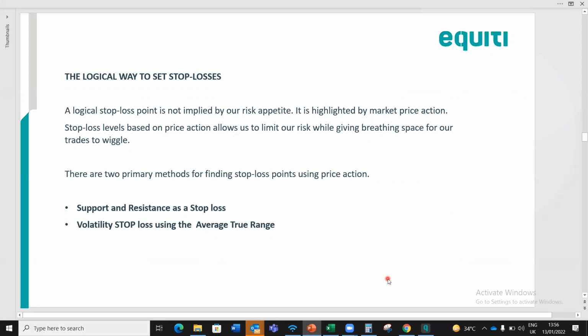Now, there are two primary methods for finding stop loss points using price action, and these we will quickly look at. Number one is support and resistance as stop loss.